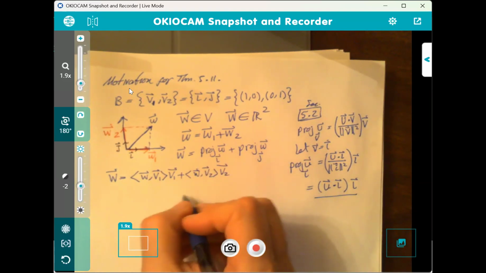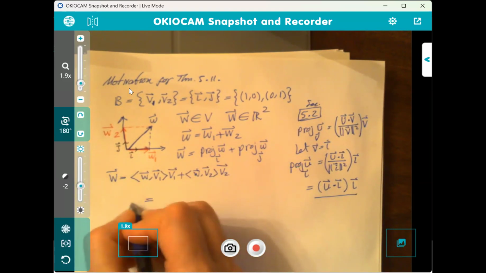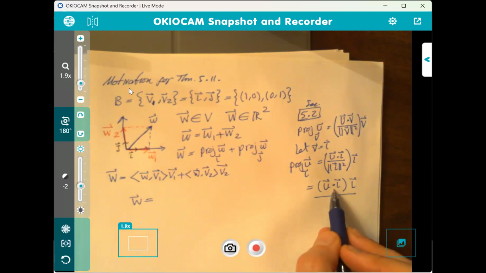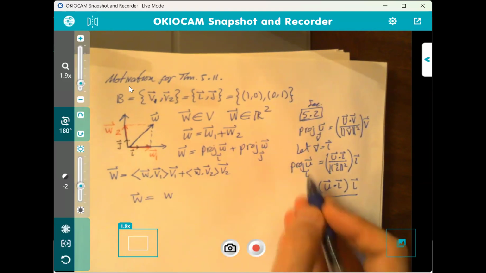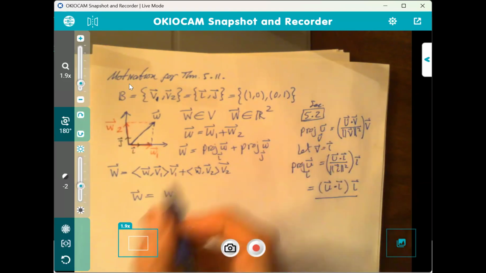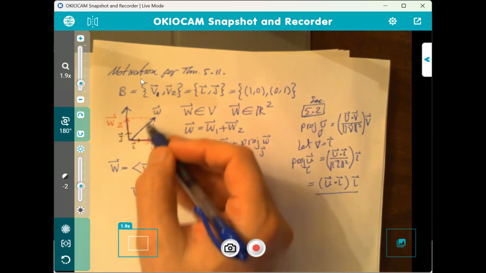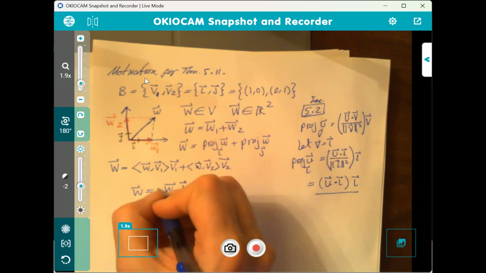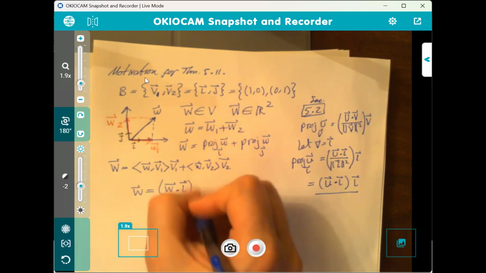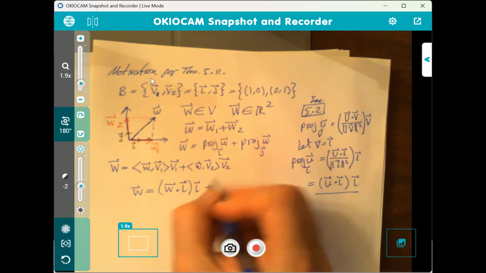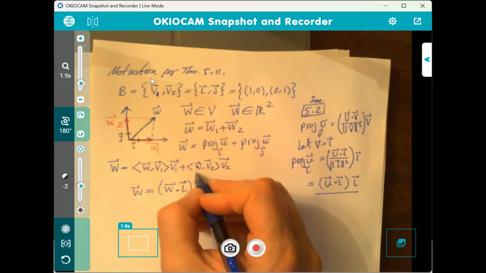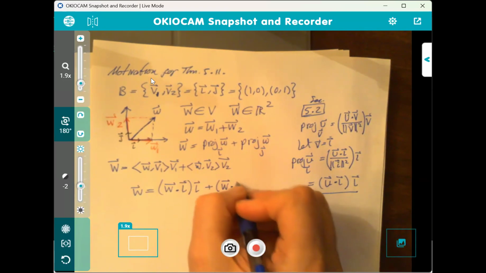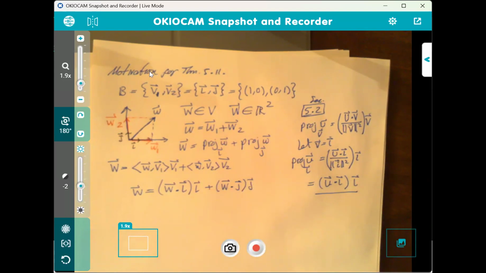For this specific example, instead of U, because that was section 5.2, I'm going to use W, because we're projecting W, not U. U was just for the derivation. So we go W dotted with i in the direction of i, and W dotted with j in the direction of j.